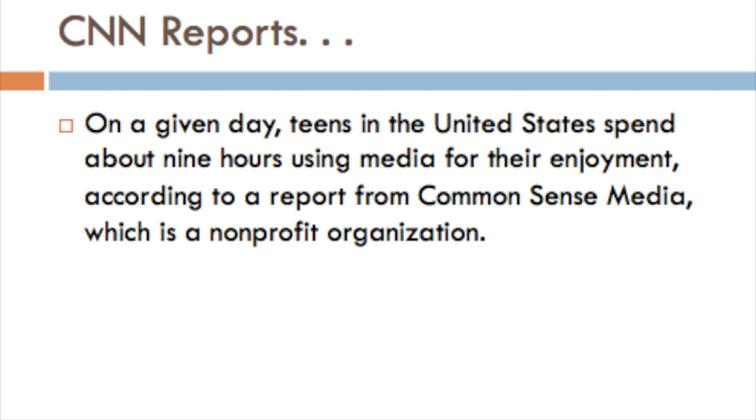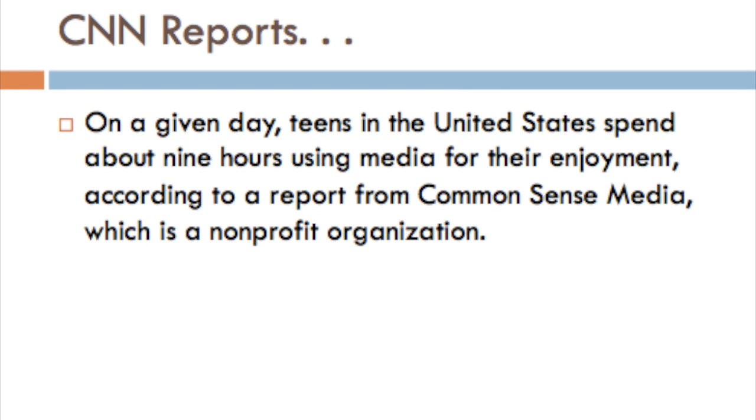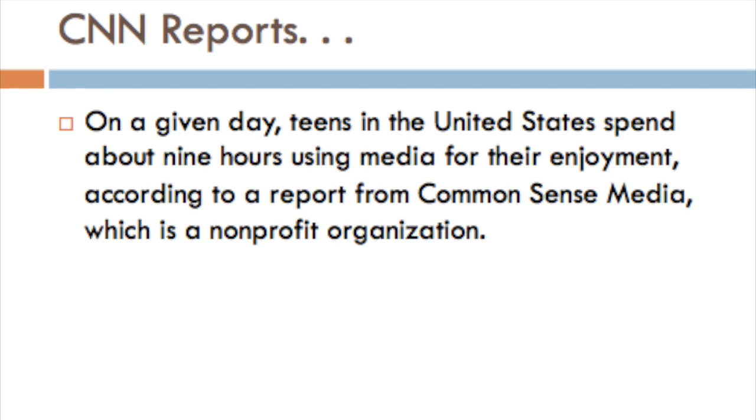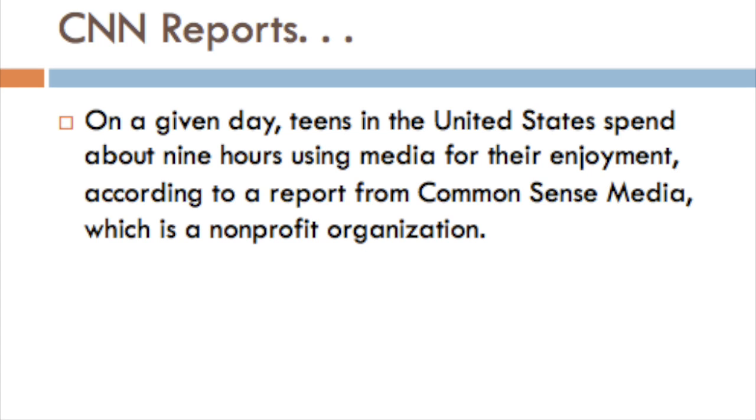Now let's find out how much time our teens are spending each day on social media. We learned that there is a large percentage of teens who have social media accounts, but according to a CNN report, teens in the United States spend about 9 hours using media for their enjoyment a day. This includes more than just social media, obviously. It includes watching TV or being on the computer.